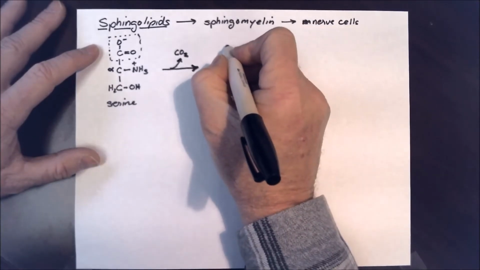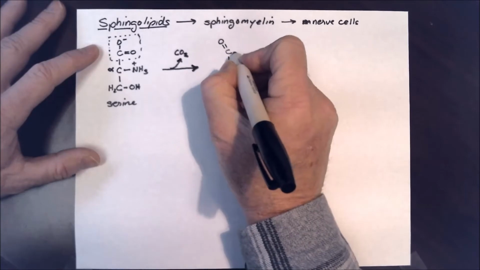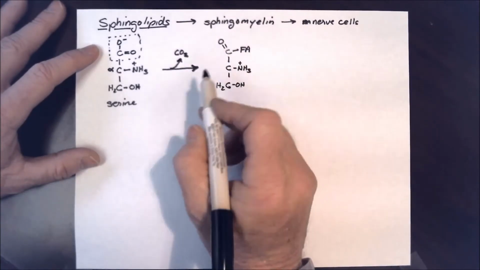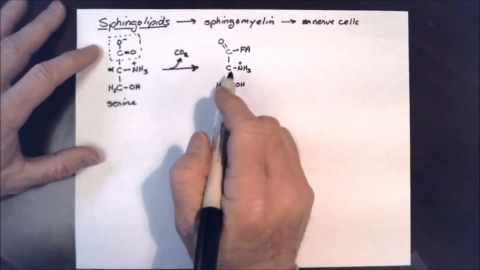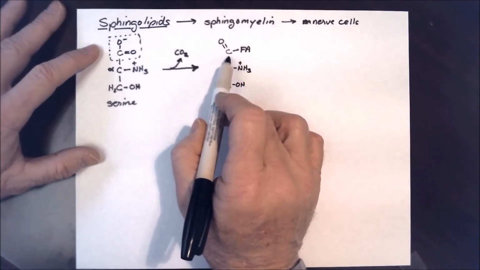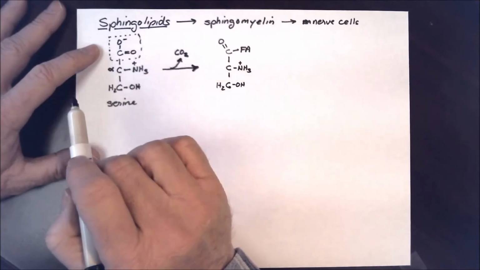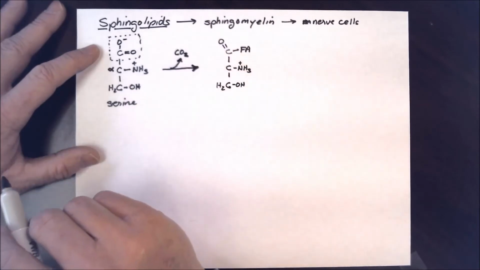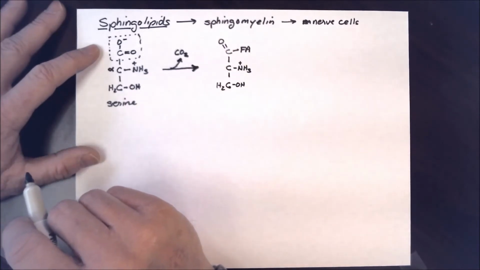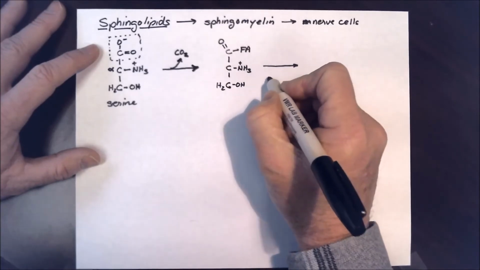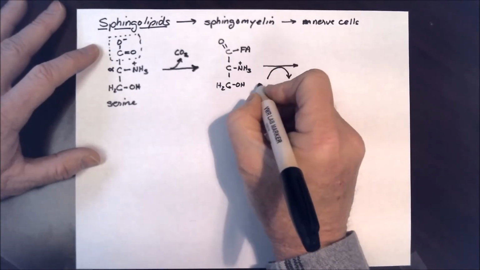And now this will essentially be our hydrocarbon fatty acid tail. So essentially what we've done is we've replaced the carboxylic acid with the fatty acid group, including the carbonyl.